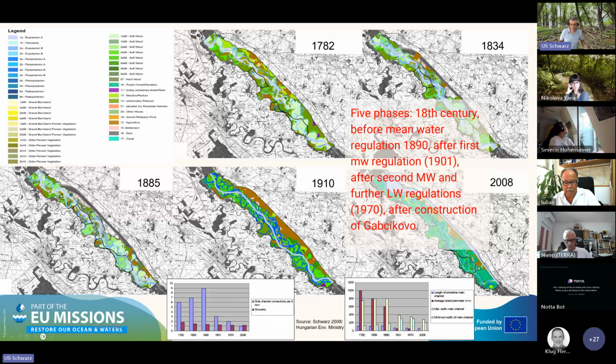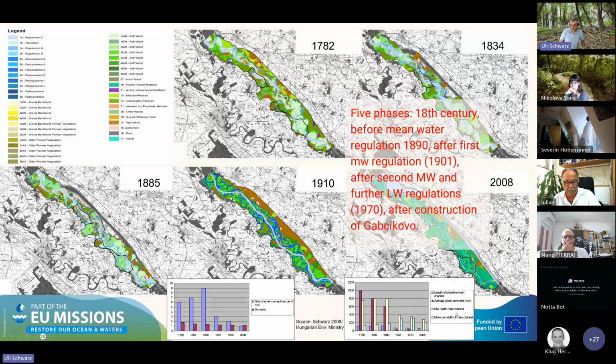This is a big, huge hydropower plant. And you can see here a clear decline in side channel connections per 5 kilometers. The sinuosity is decreasing. You can see the length of shoreline of the main channel is decreasing. Average island perimeter in meters is strongly decreasing.